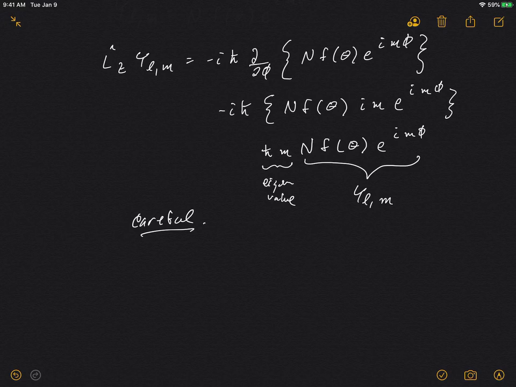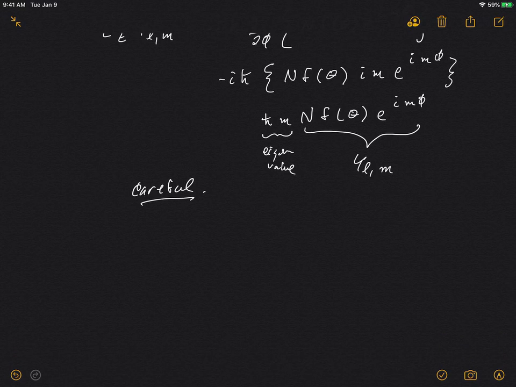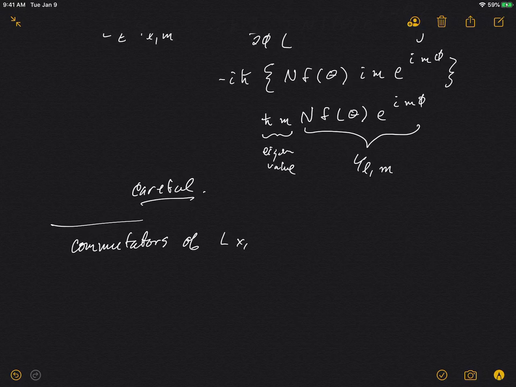Let's circle back and take a look at commutators of these Lx, Ly, and Lz. Now, I said that the L squared operator commutes with the Lz operator. In other words, its commutator is 0.